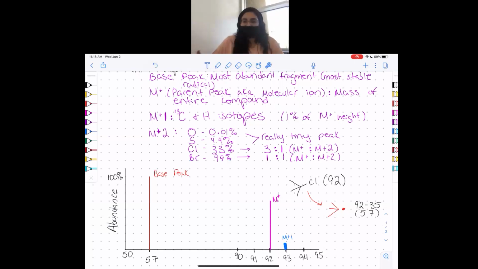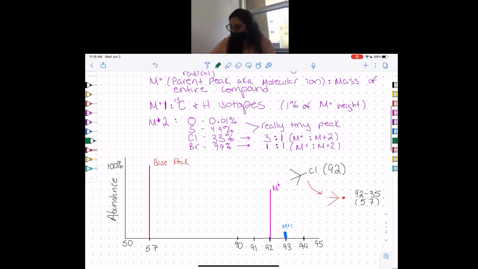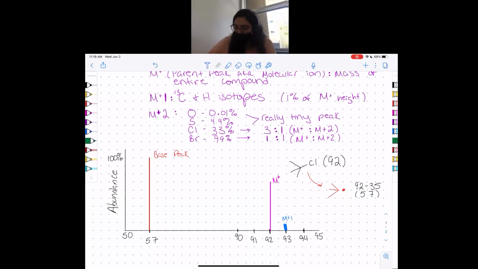So all this means is that in this molecule, we have one chlorine, and that one chlorine is going to make an M+2 peak that is approximately 1/3 of the M+. So this one will be approximately 1/3 the height.